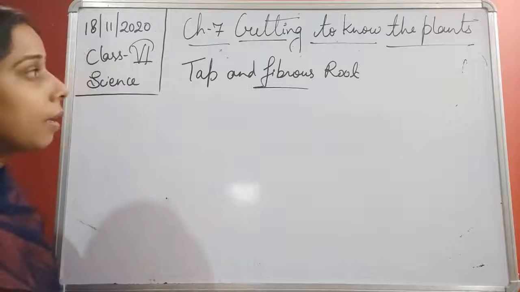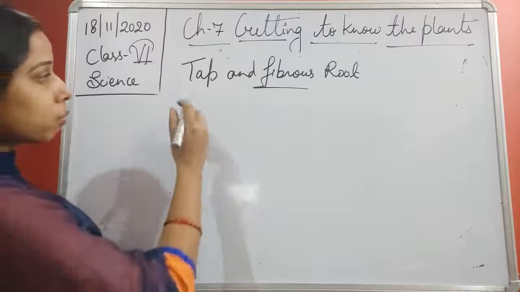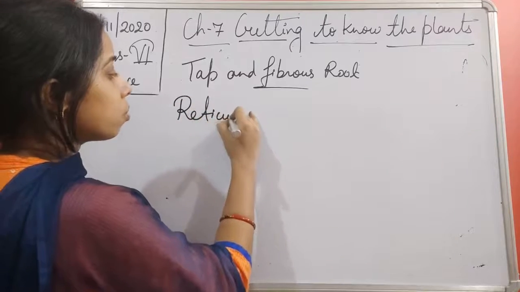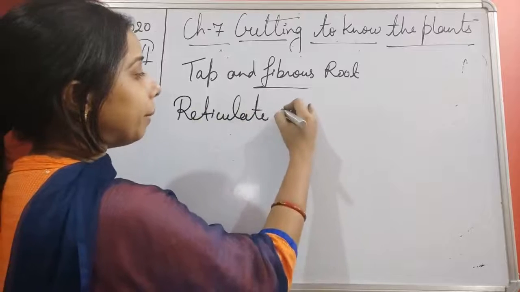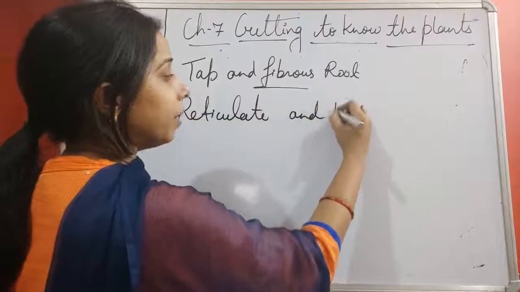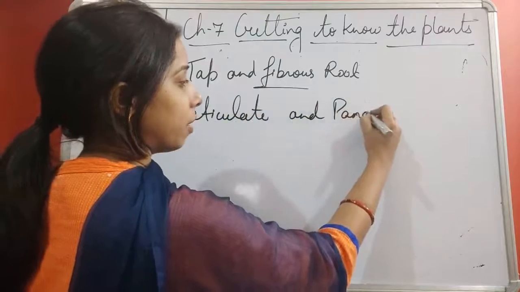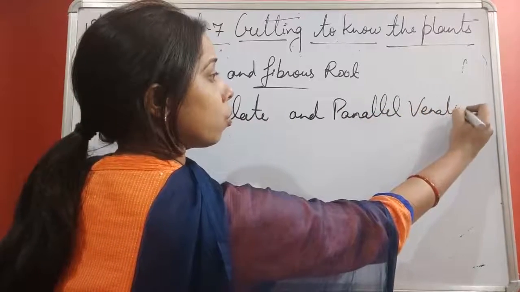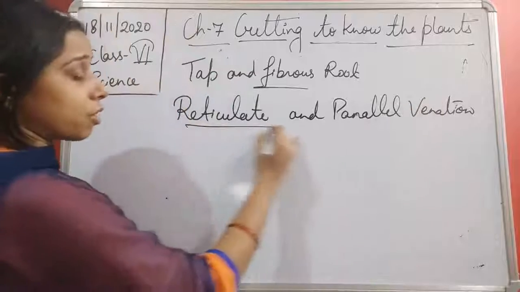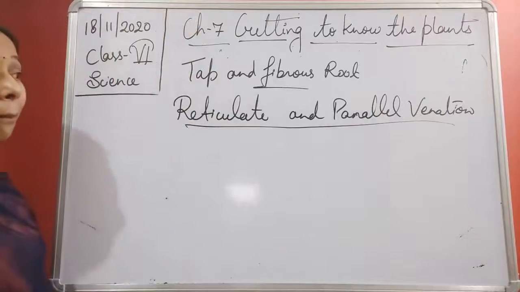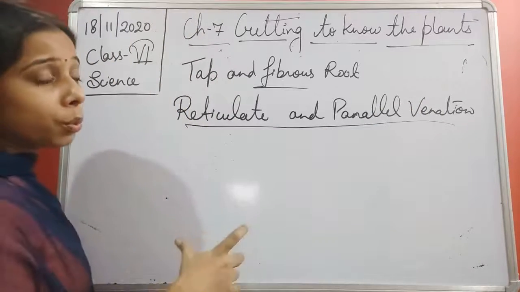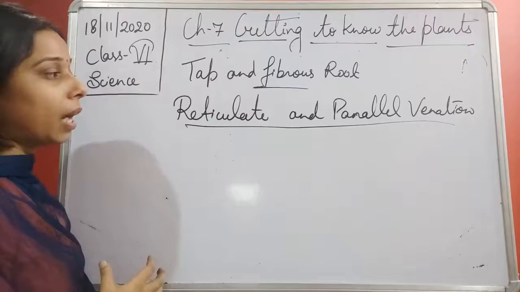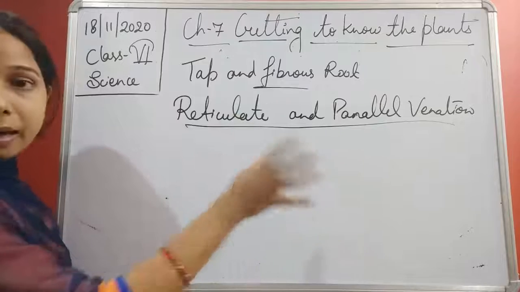Now in case of a leaf also, students, venation is divided on the basis of vein structure. The structure, pattern or arrangement of the veins divides the leaf into two types, that is reticulate and parallel.